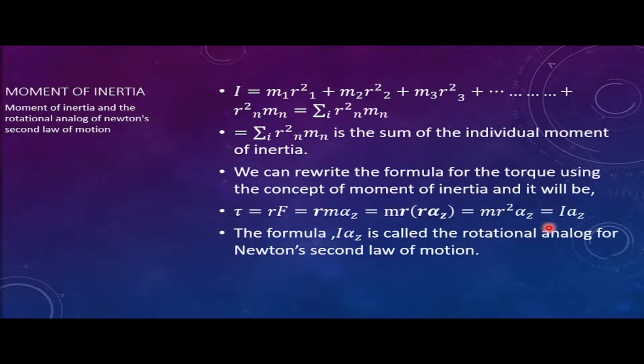So the torque now will have a formula. Torque is equivalent to r times F, which, using the second law of motion, is equivalent to this. And when we expand the a_z, or get the counterpart of the radial acceleration to the tangential acceleration, we will get this. And when we multiply, we will get this. And then we are going to substitute I for this term. And this particular formula is called the rotational analog of Newton's second law of motion.